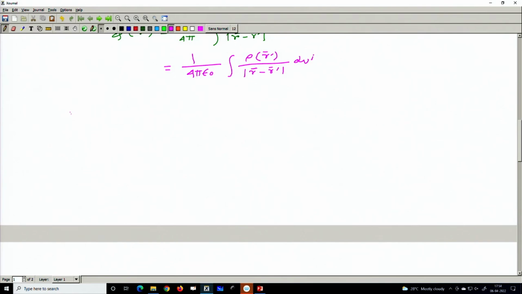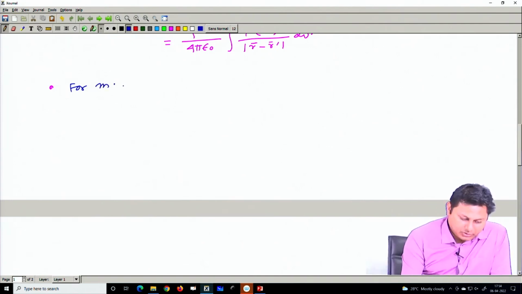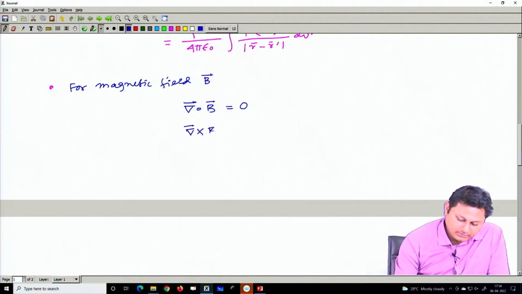For the magnetic field B, the two Maxwell's equations are: the magnetic field does not have any divergence, and if I do the curl of the magnetic field, it should be mu 0 j.